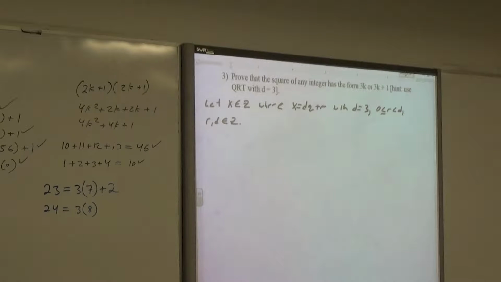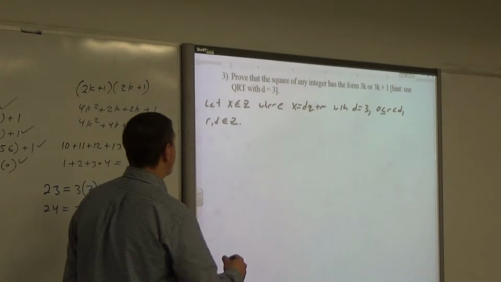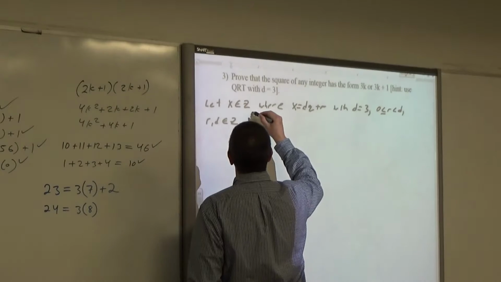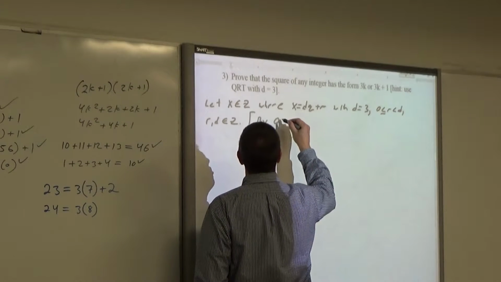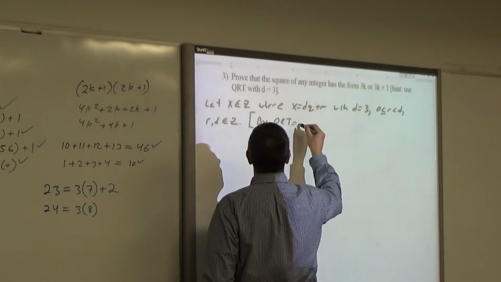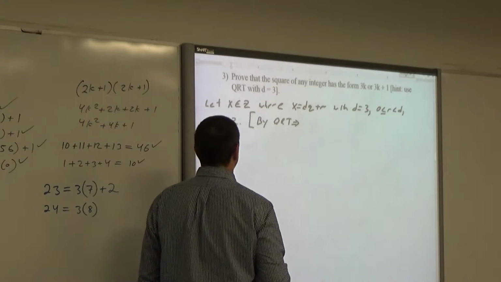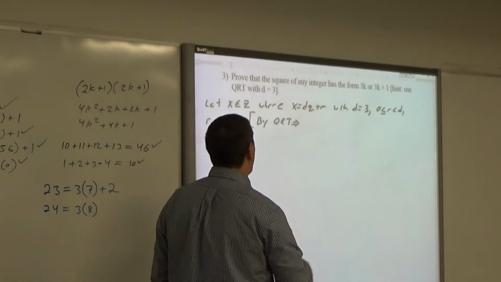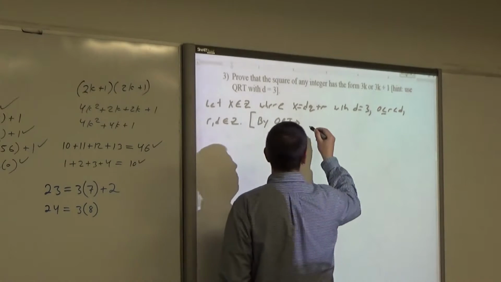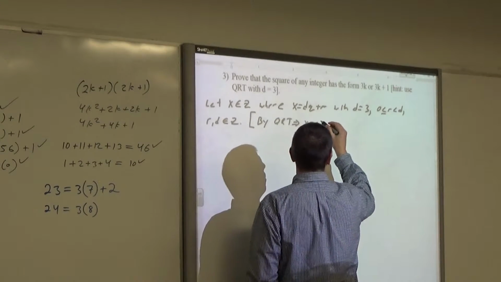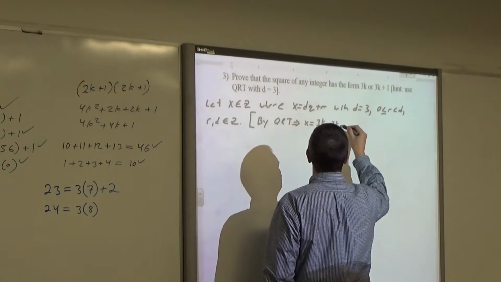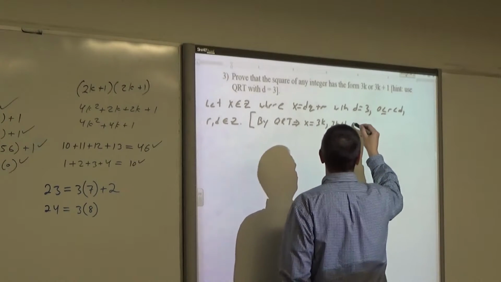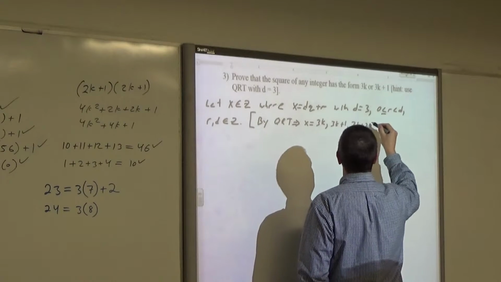We can also say by the quotient remainder theorem, and I'm going to put this in brackets because we don't necessarily need to write this. So by quotient remainder theorem, there's 3 possible outcomes. x could be equal to 3k, 3k plus 1, 3k plus 2.